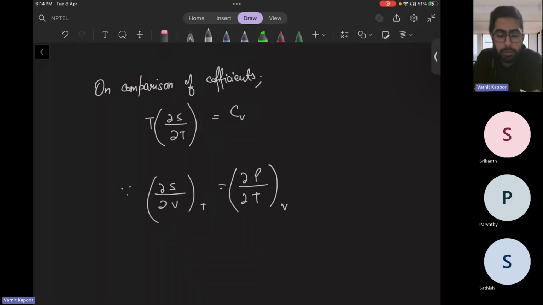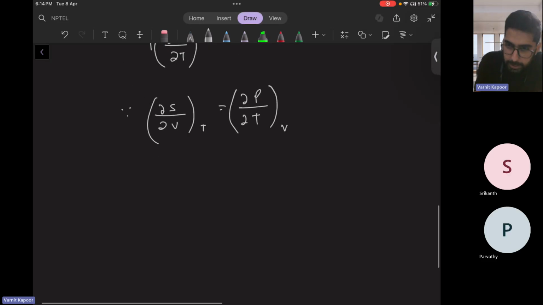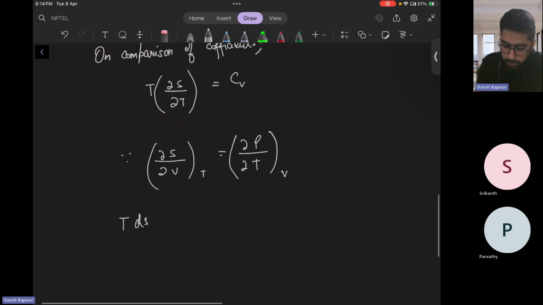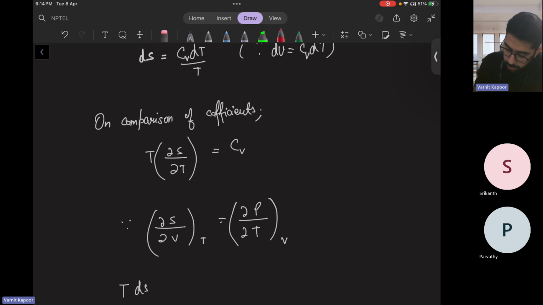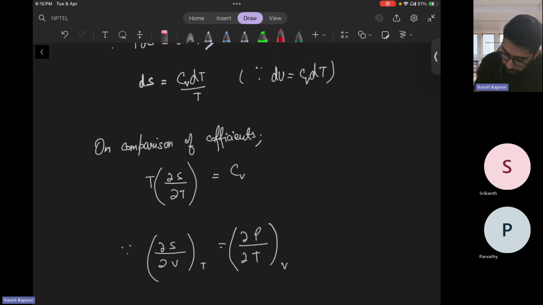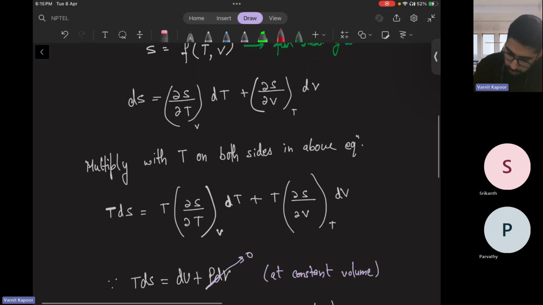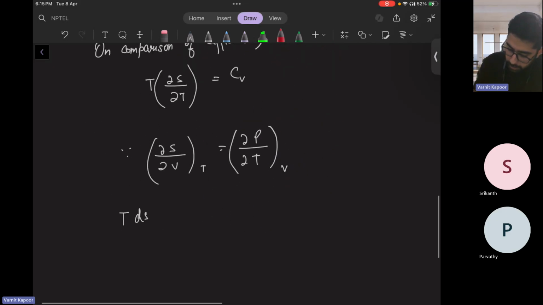So you can put this value and finally get your relation. I'm saying this relation in the equation: dou S by dou V from the Maxwell relation can be written as dou P by dou T at constant volume.